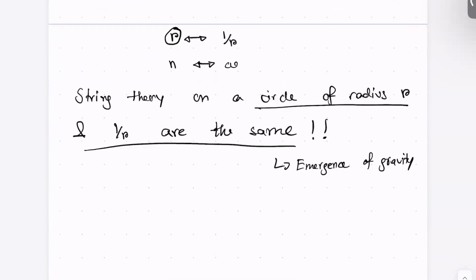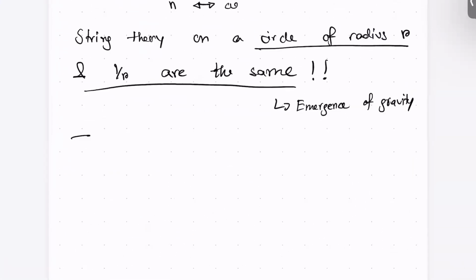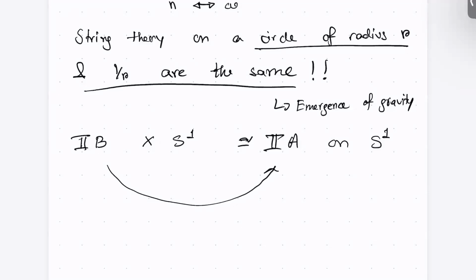Yeah, nice, very nice. So it turns out this is the duality that I was talking about. On S1, if you match the spectrum of particles, they match exactly. That is how two string theories are related by something called T-duality.